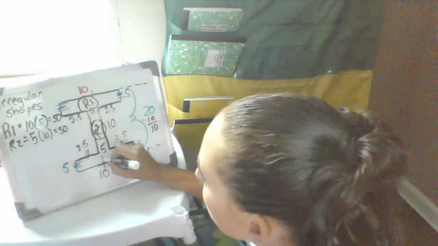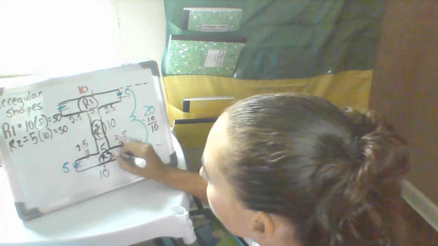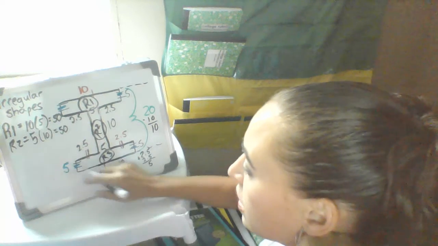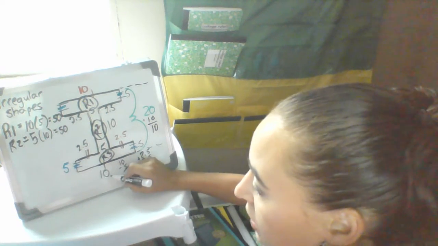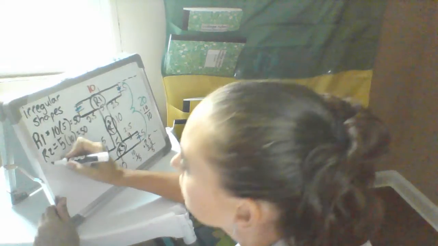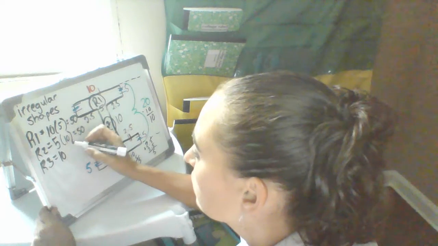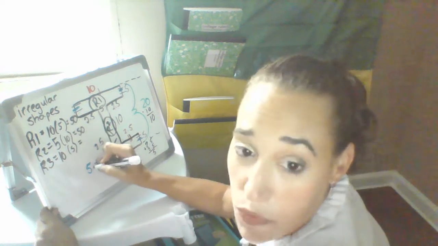So again, I'm going to make this rectangle 3. I'm going to calculate the area of rectangle 3. The base of rectangle 3 is 10, and the height up and down is 5. 10 times 5 is 50.